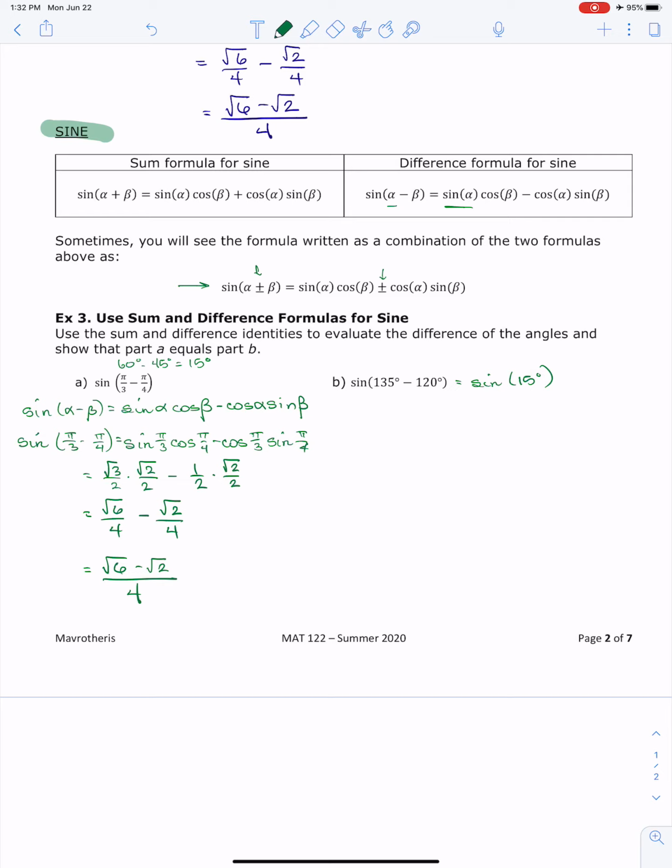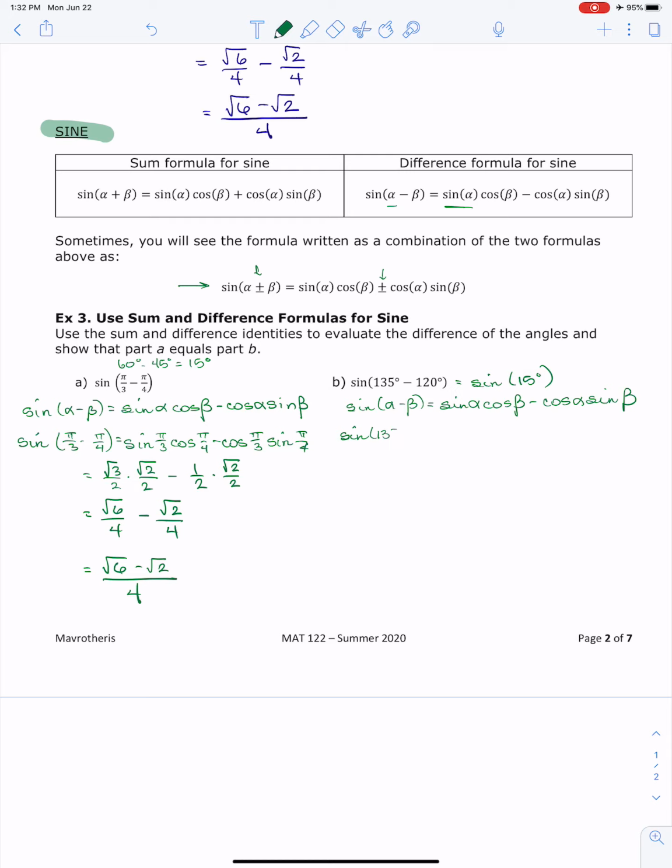And you'll find when you're using sum and difference formulas, there's usually multiple ways to get out what you're trying to find. So this is a difference again. Sine alpha minus beta. So sine alpha cosine beta minus cosine alpha sine beta.